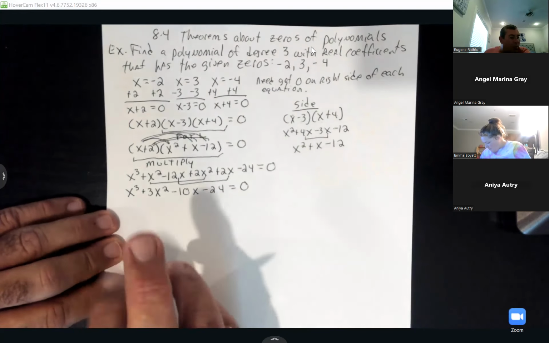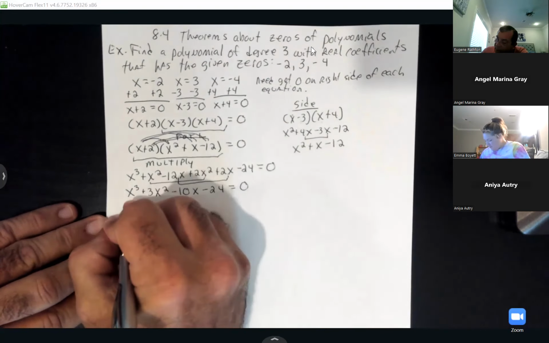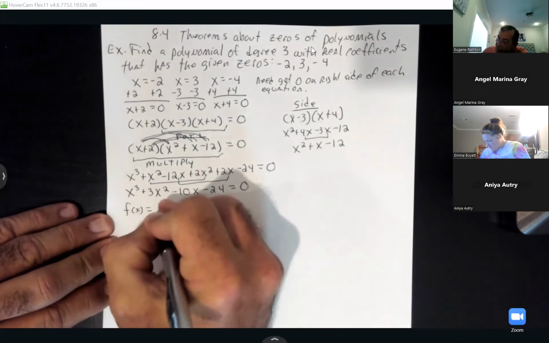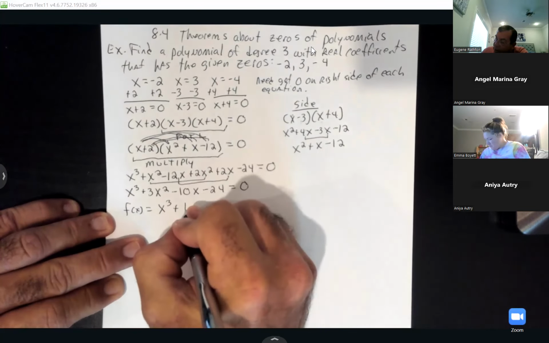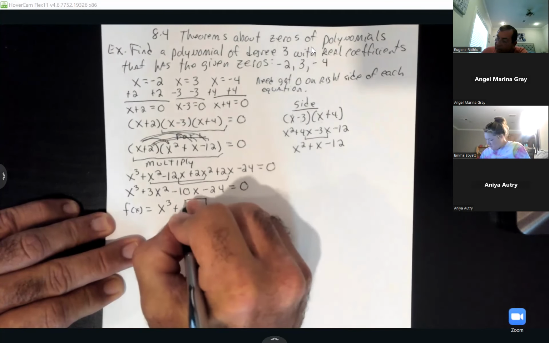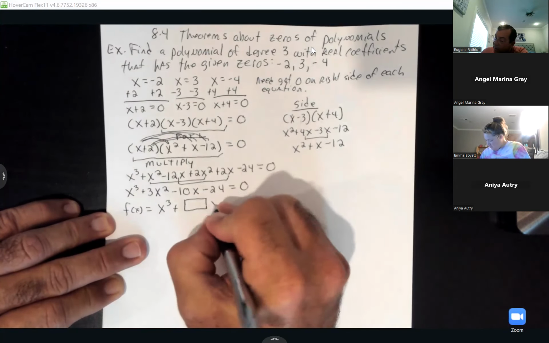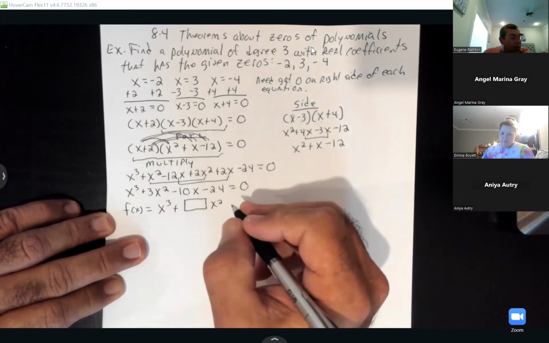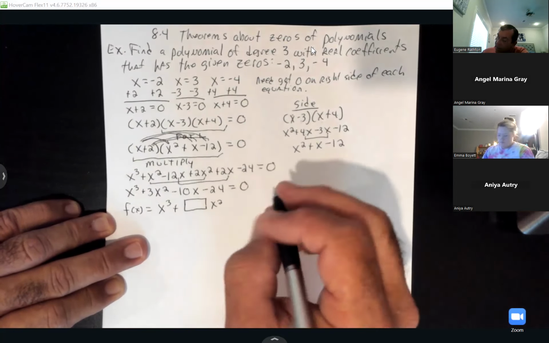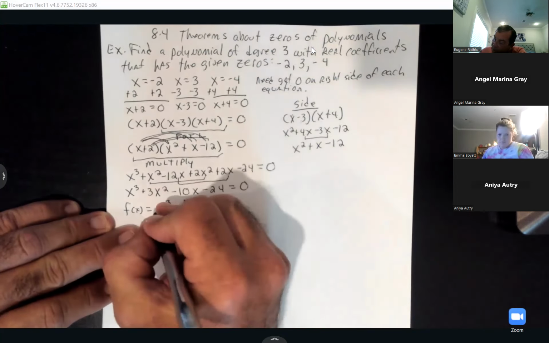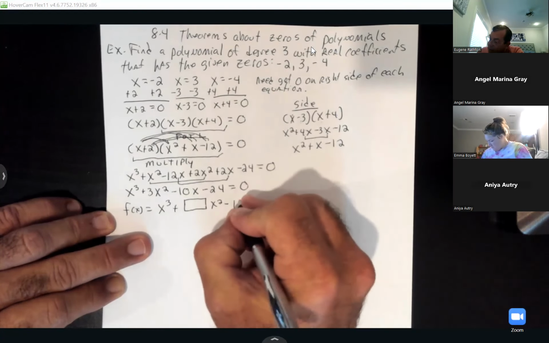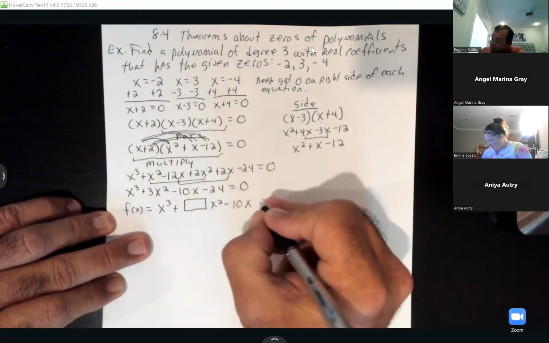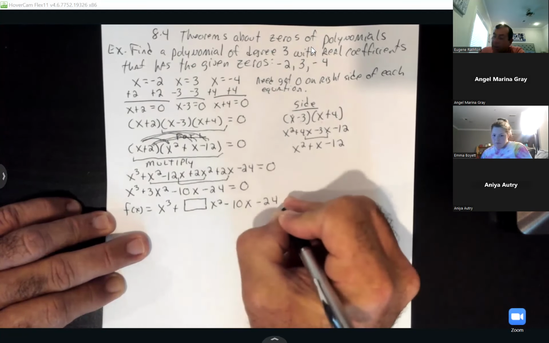Now, MathLab on this one, they have f of x equals x to the third plus blank x squared minus 10x minus 24.